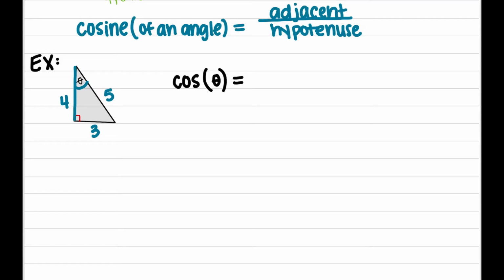And the side that's directly across from the 90 degree, again, that one is the hypotenuse. Okay, so we have that 5 is still the hypotenuse, but this time 4 is the adjacent. So the cosine of theta is equal to 4 over 5.